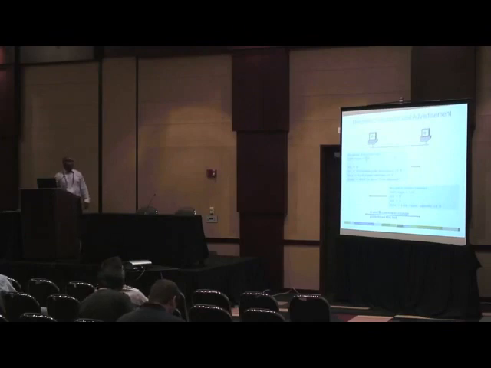So in this case, A, which already has the IPv6 address of B, would send a neighbor solicitation message. In the neighbor solicitation message, the source address would be the IPv6 address of A. It can be either a link local address or a global address itself.